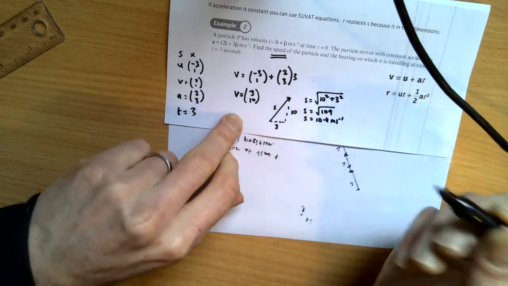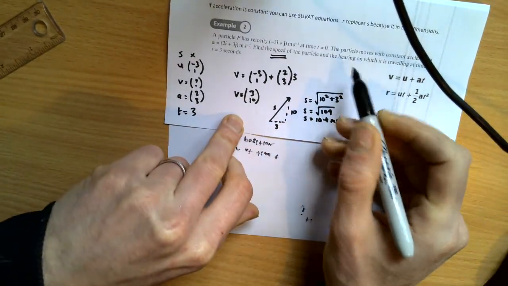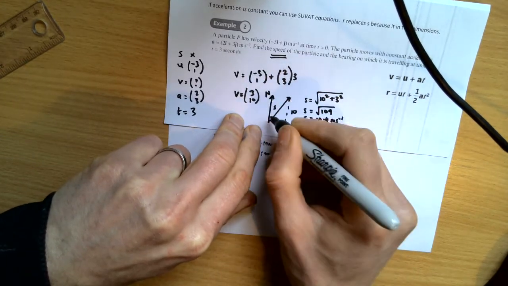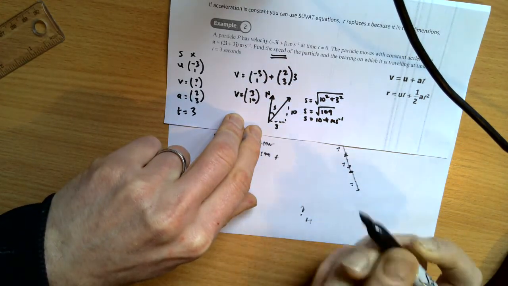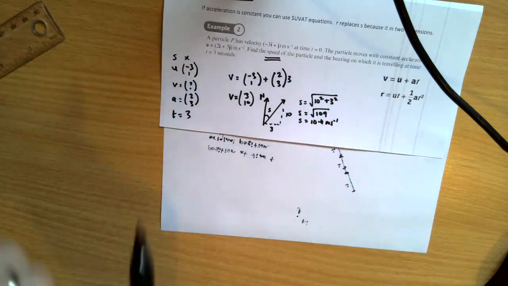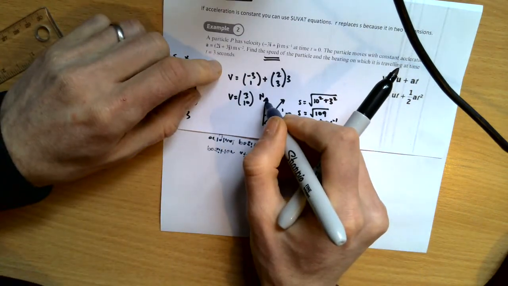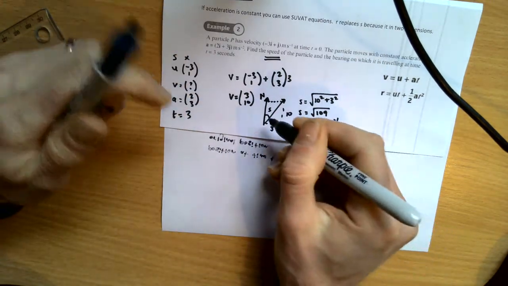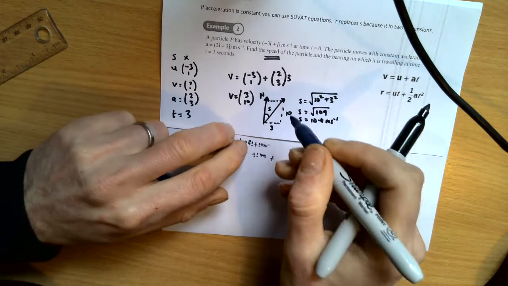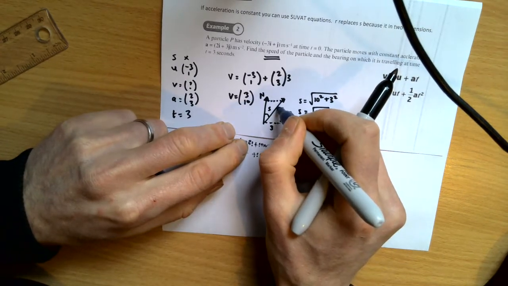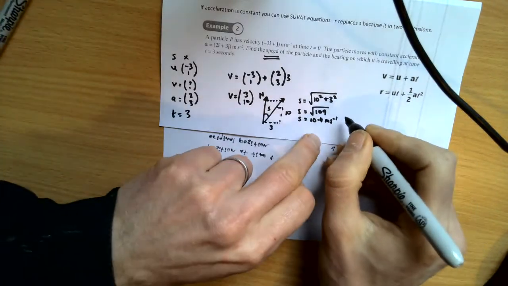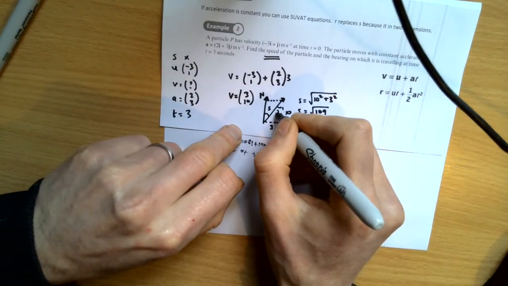And we want to know the bearing. Now remember, bearing comes from the north, so here's the north arrow. We want to know that angle. Now we can work out this angle here is going to be the same as this angle here. So we'll call this theta.